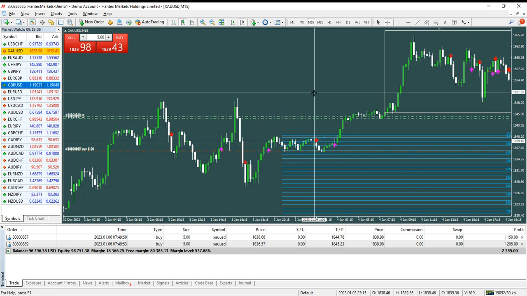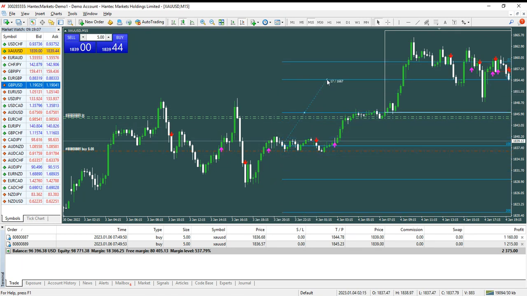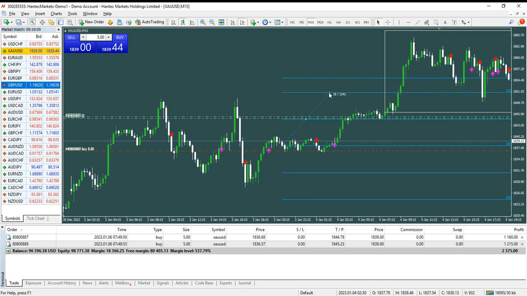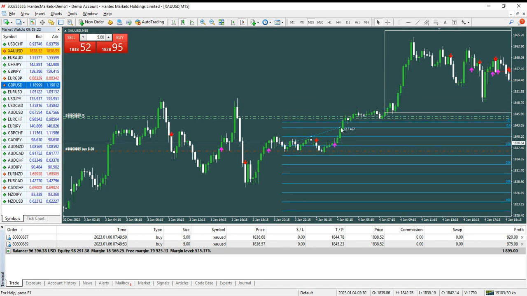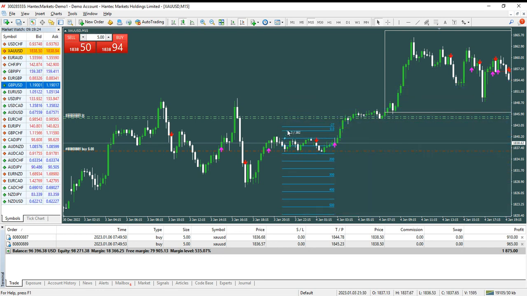Let me actually confirm those lines properly. So as you can see, the mark is actually above the line. So 100, this one's above it, and that's above it. Let me just go back to that setting I was trying to calibrate.